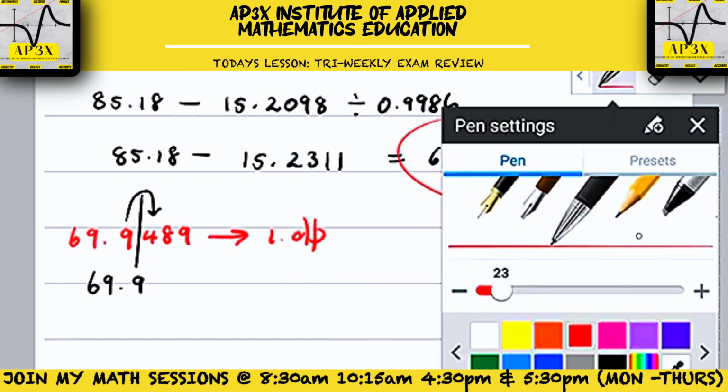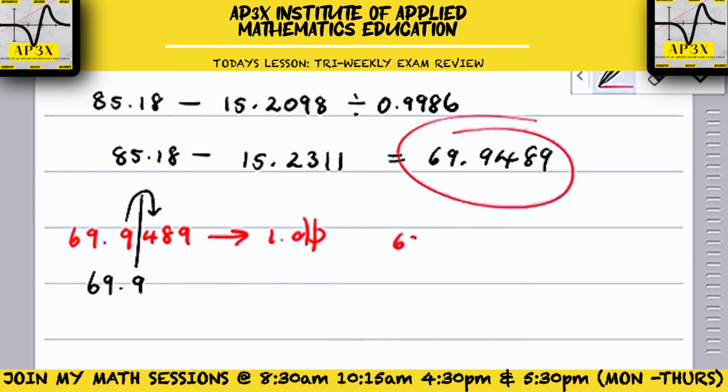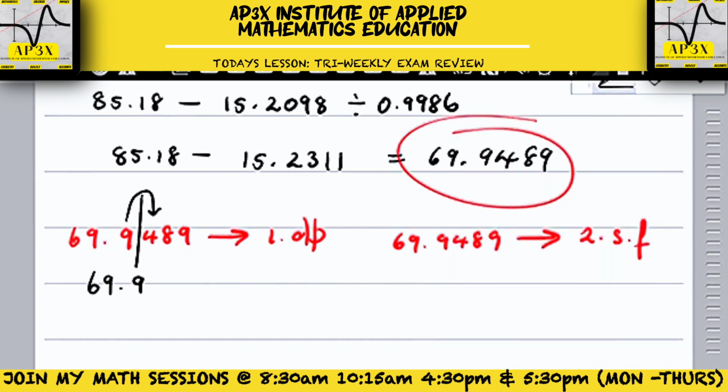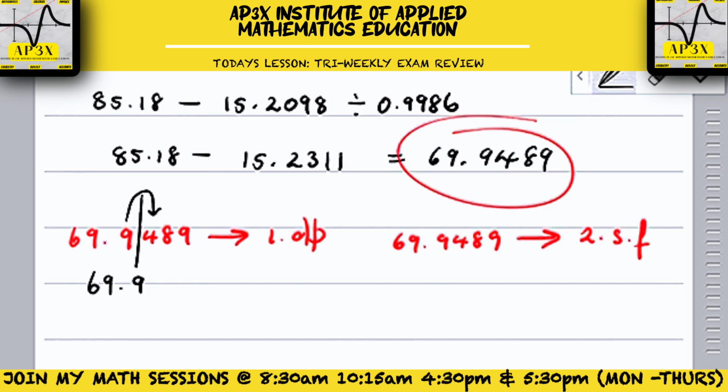Now we went ahead here and we were also asked to round off the very same number, 69.9489, but this time to 2 significant figures. And so what I find is that a lot of students get confused when it comes to significant figures. They completely forget that significant figures basically means digits that are greater than 0.